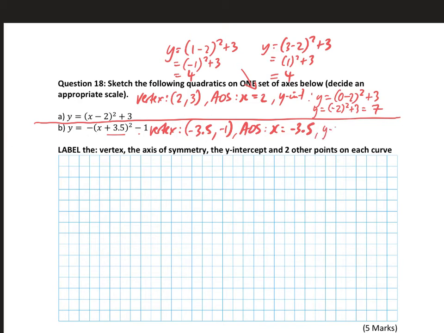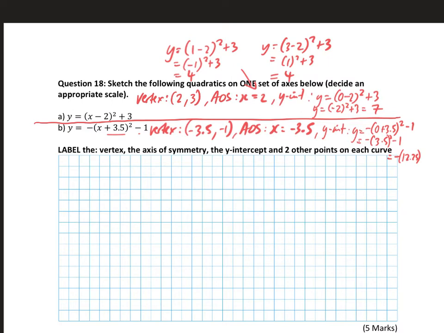The y-intercept is when x is equal to 0, y is equal to, no brackets, negative 0 plus 3.5 squared, take 1, equals negative, whatever 3.5 squared, not inside, take 1. 3.5 squared, got the calculator out, is 12.25. 12.25, take 1.